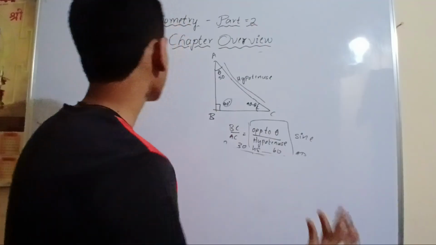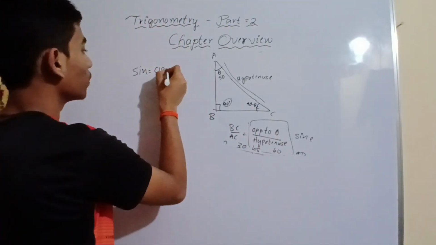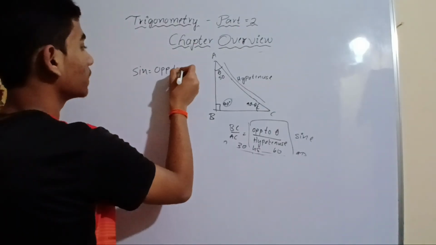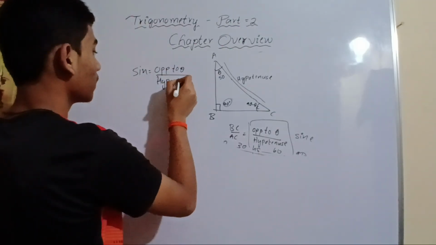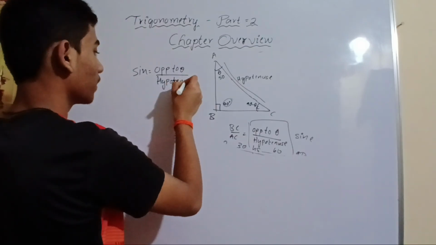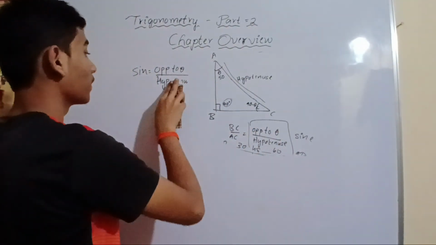And you know the sine is the side opposite to theta by hypotenuse. Let's just write HYP so you can understand it.